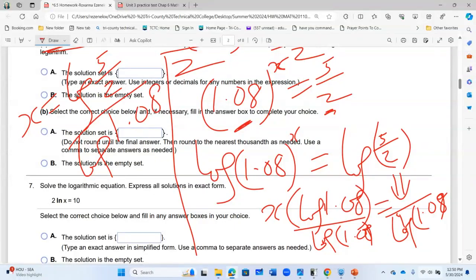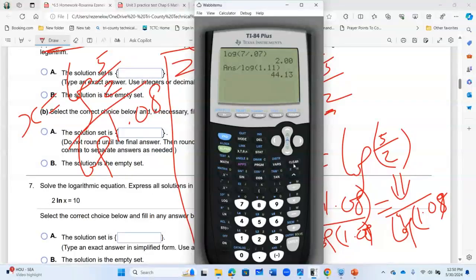And get the numbers. All right, I'm going to clear log of 5/2. So this is log here, common log. You see, the base is not written because it's a common logarithm. So log of 5 divided by 2, close parenthesis, and I get the answer.